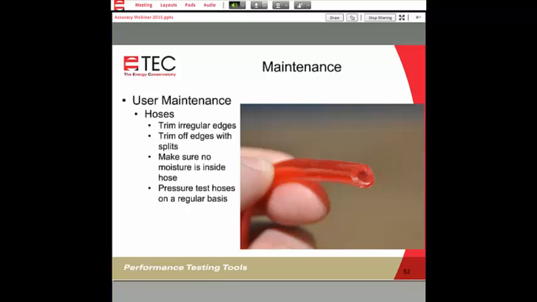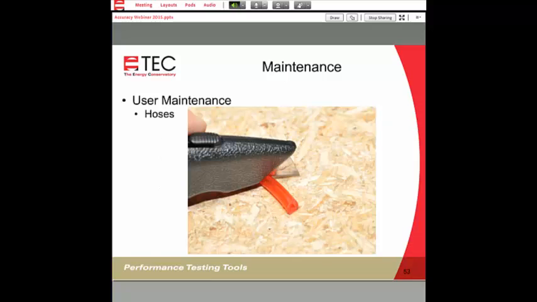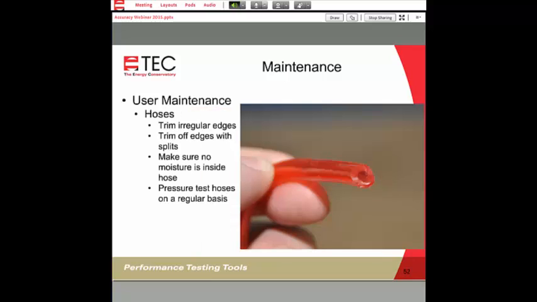Another item is hoses. Hopefully you can see that this particular hose has a particularly uneven edge on it. If that is not seated properly on the gauge, you can get a leak in there. So what we want to do is trim off that edge using a box knife and then put it back on.